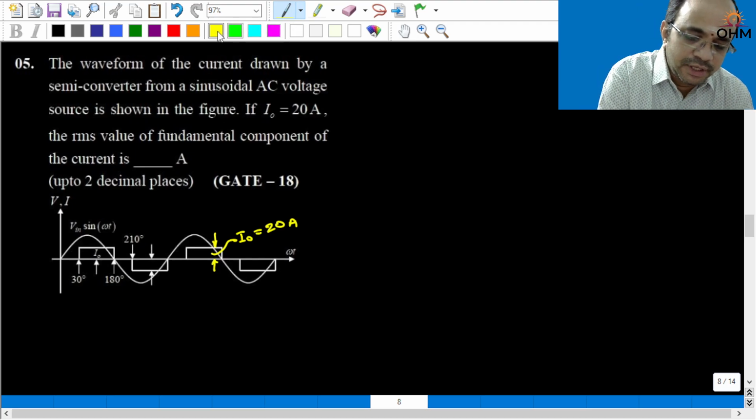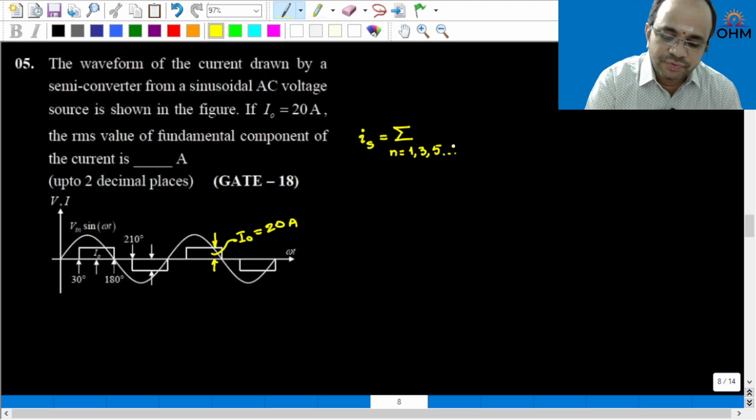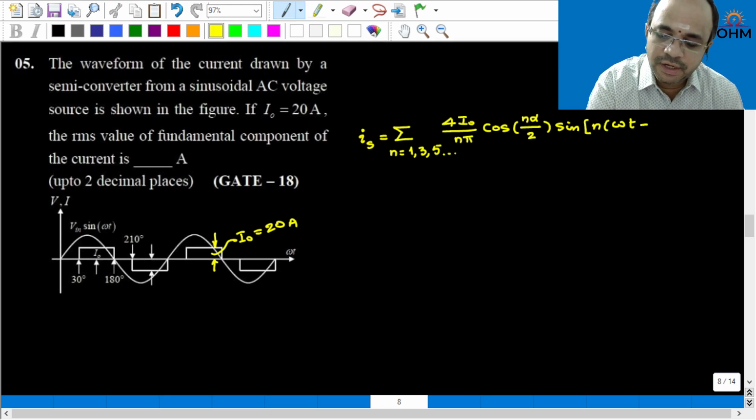Now for example, if I write the Fourier series equation for this source current, it will be like this: sigma over odd n, like n equal to 1, 3, 5 and so on, 4 I naught divided by n pi into cos of n alpha by 2 multiplied with sine of n into omega t minus alpha by 2.